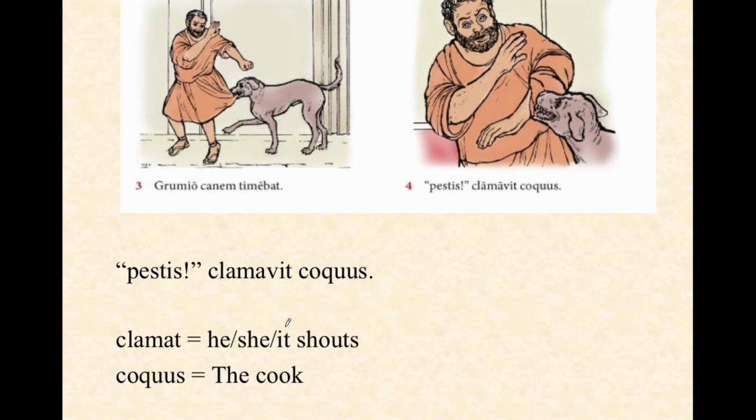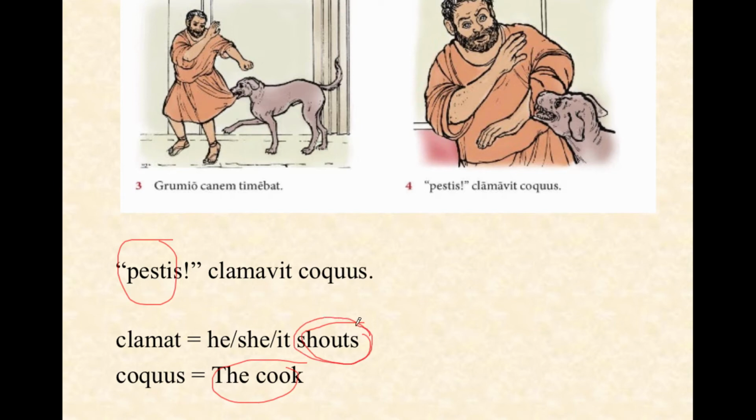Number 4. Pestis clamavit coquus. If clamat means shouts and coquus means the cook, and you can guess that pestis means pest, here's what we need to do. Now we look and we say, oh look, this isn't clamat. If this was clamat, I'd be translating it as shouts.